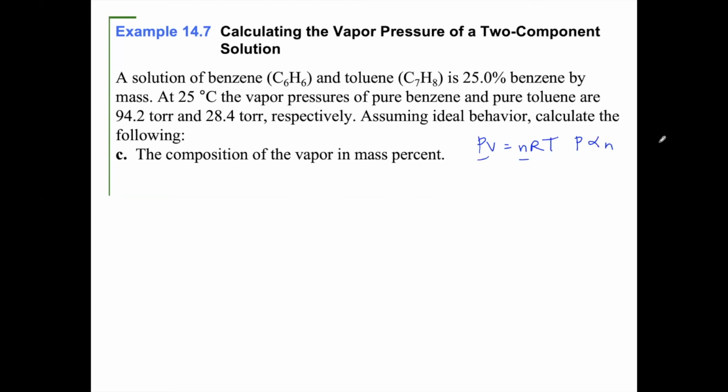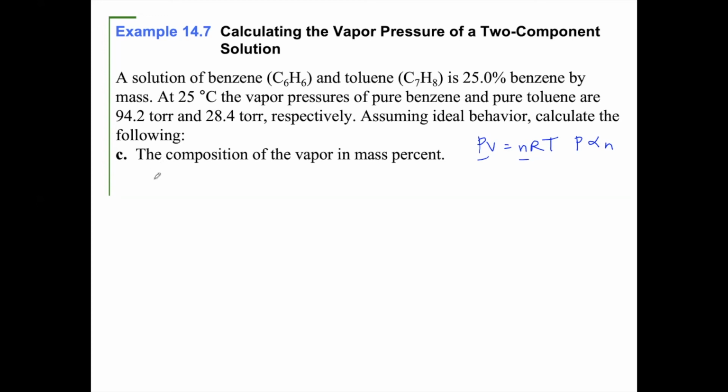So they change in the exact same way. So the portion of the pressure that's made up by a particular gas will also be reflected in the portion of moles that's made up by that particular gas.